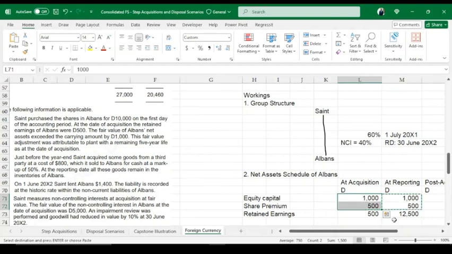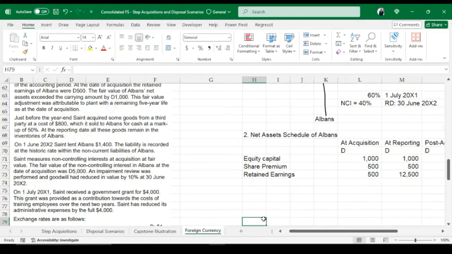All right, now let's continue. There are a couple of adjustments we need to do here. Now, it has been said that at the acquisition date, the fair value of Albans' net assets exceeded the carrying amount by $1,000. This fair value adjustment was attributable to plant with a remaining 5-year life as at the date of acquisition.